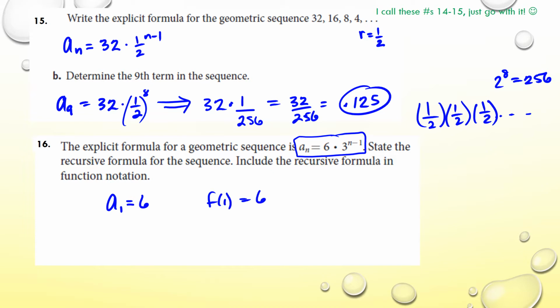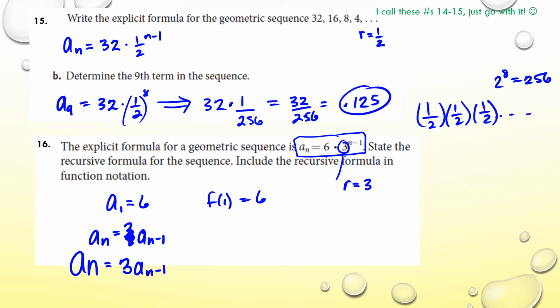And then a sub n would be 6 times a sub n minus 1. Nope. Sorry, that's a mistake. It's not 6 times, it's whatever the ratio is, 3. So r is 3 in this case. So a sub n would be the common ratio times the term before it.